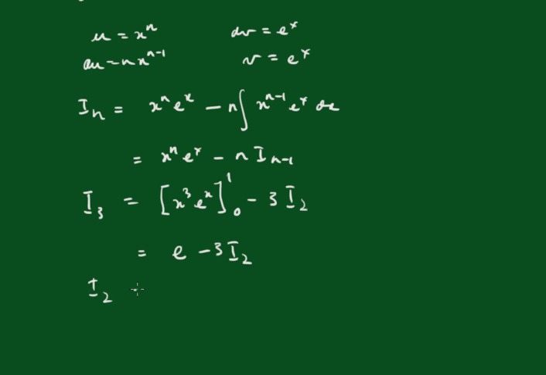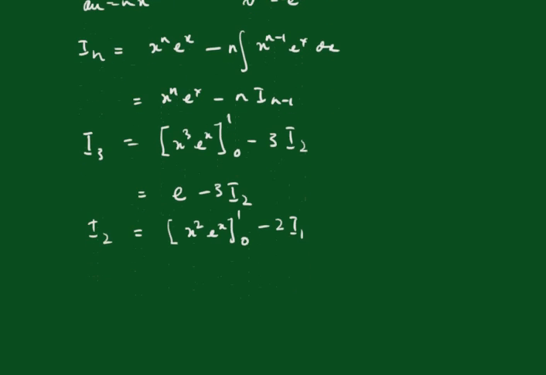I2 is going to be equal to x squared e to the x between 1 and 0 minus 2I1, which is again e minus 2I1.